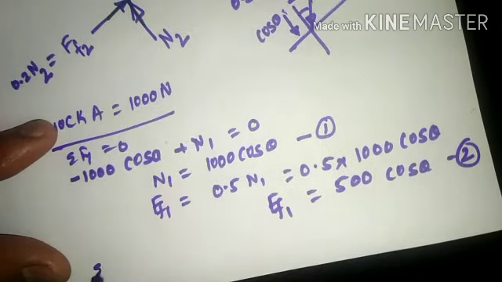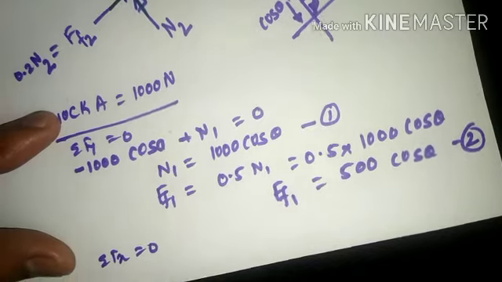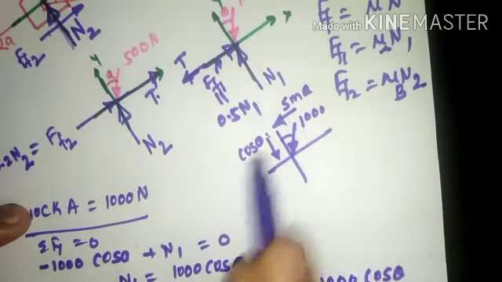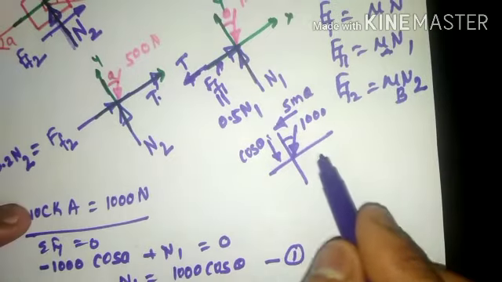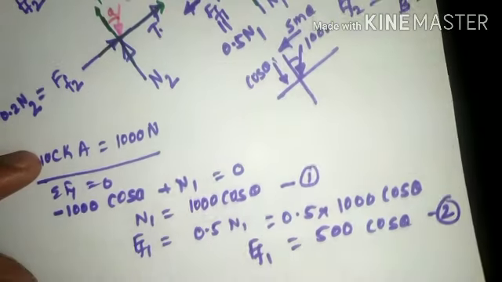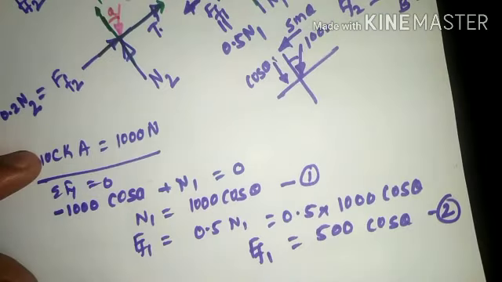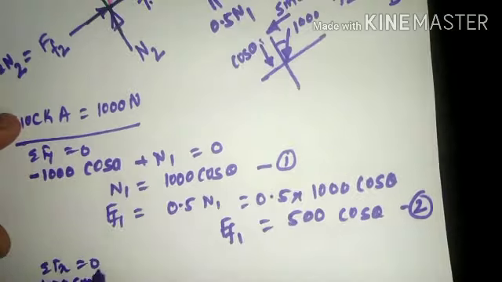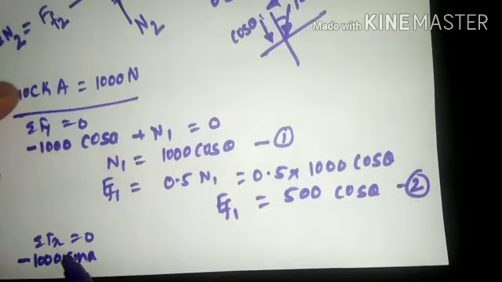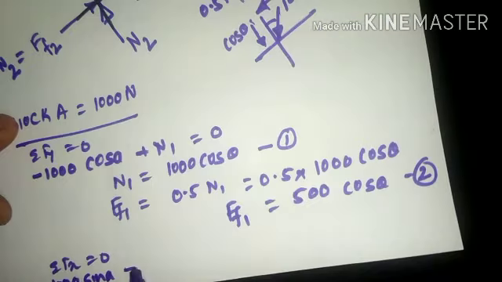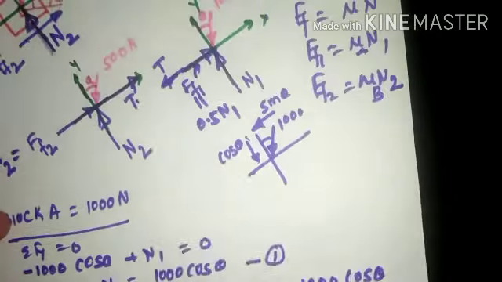Likewise, take summation Fx equal to 0. Referring to this particular diagram, this has an x component of force along the x direction. Parallel to the x direction, this force will be minus 1000 sine theta, because it is downward. Likewise T is also towards the left-hand side, minus T. Then you have a frictional force upward. Why upward?